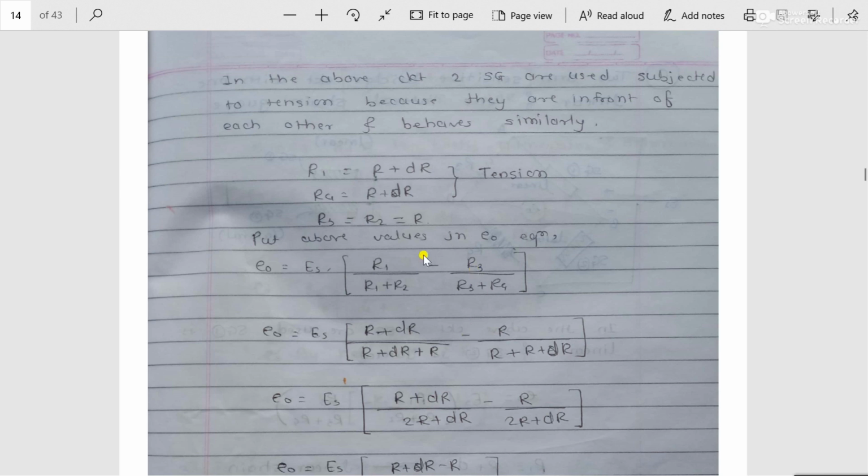Then R3 is also a fixed resistor, so I write capital R, and this plus sign stays as it is.